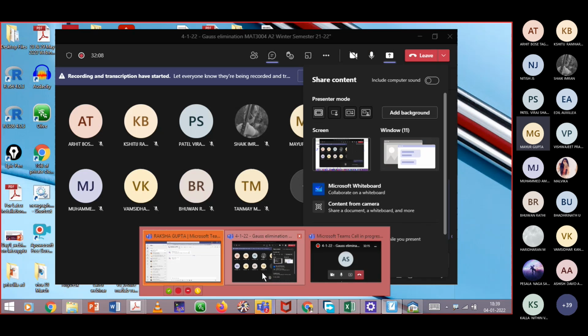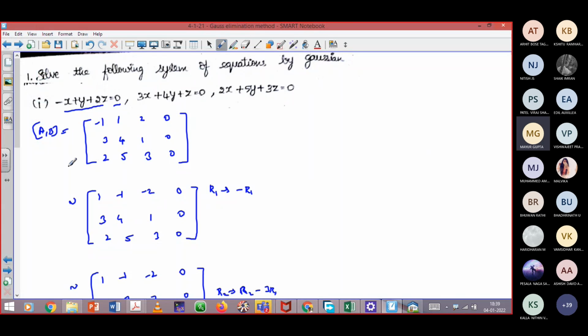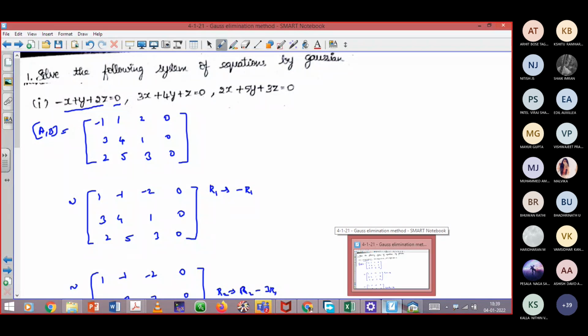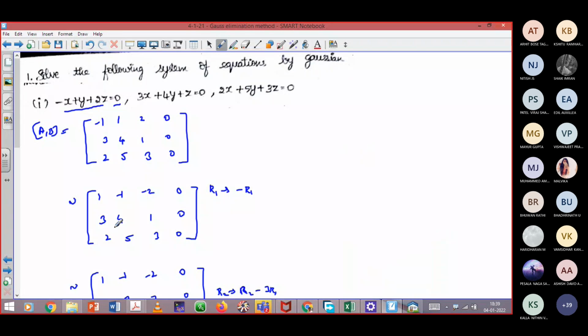Excuse me, sir. Yes, please. In the first step you did R1 equals minus R1. Sir, was it necessary to do this step? I think it is not necessary. For my convenience, I have always kept the first row as 1, not in the negative pattern.